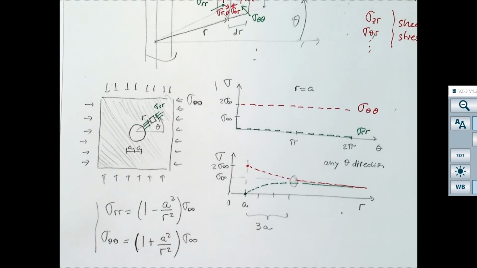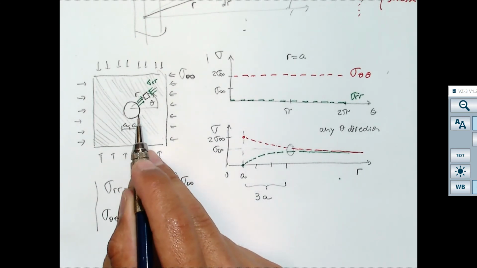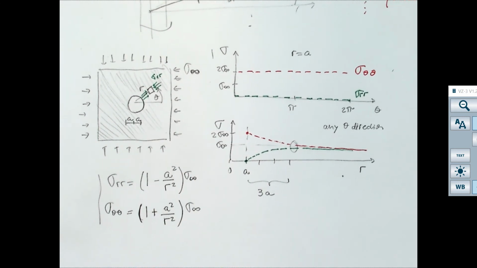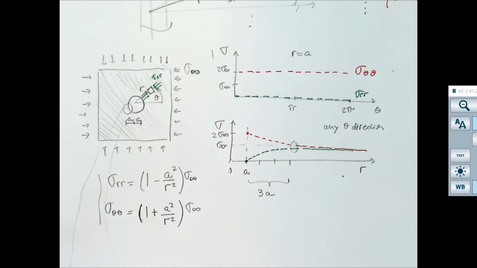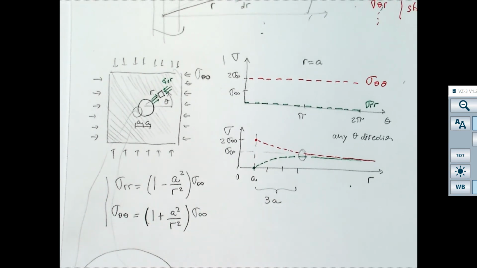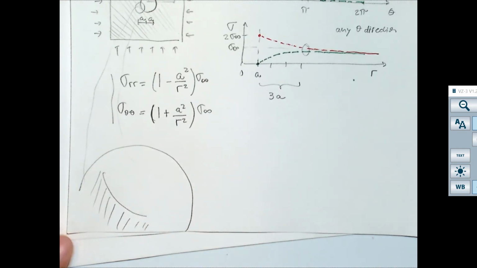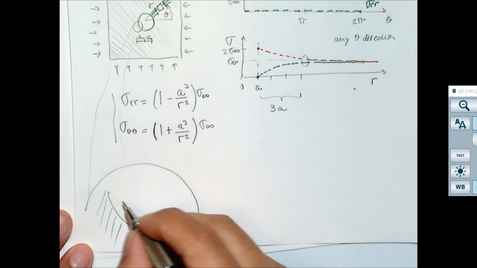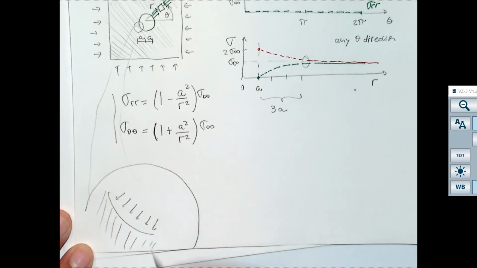Yes? Can you explain again why sigma RR is 0? Here? Yeah. So let's zoom out of this section. We're going to see later on that this is a solid. This is a solid, and we're going to relax this assumption, but at this point there is no fluid inside.